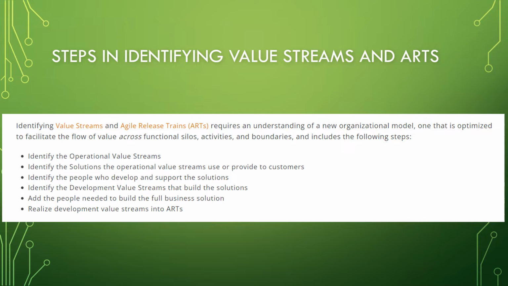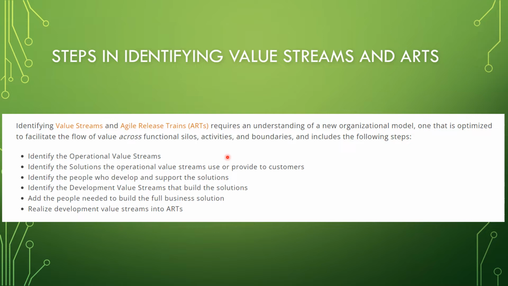Below are the steps: identifying the operational value streams, identifying the business solutions for the value streams to provide the value you want to provide to the customer, identifying the people who develop and support, identifying the development value streams, and adding the business people needed to fulfill the business solution.